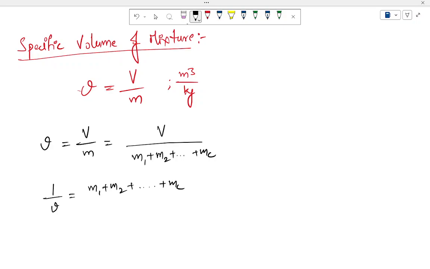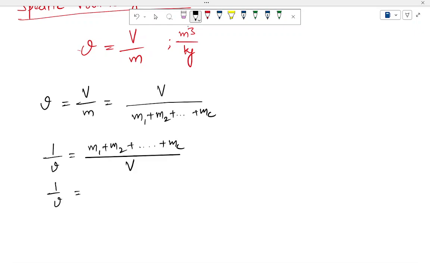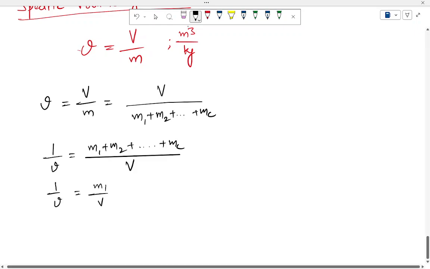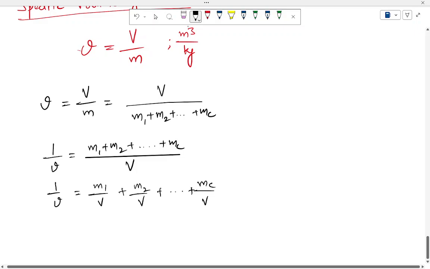So 1 by v is equal to M1 by V plus M2 by V plus so on plus MC by V. I should write V only, not VC.